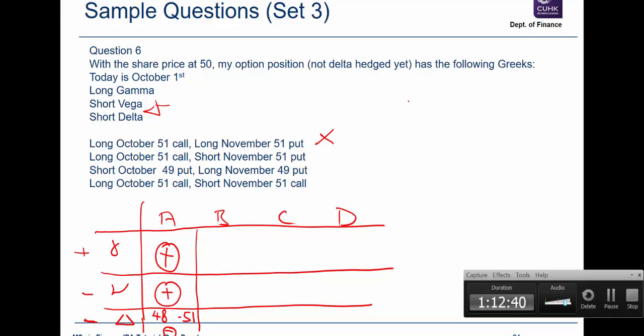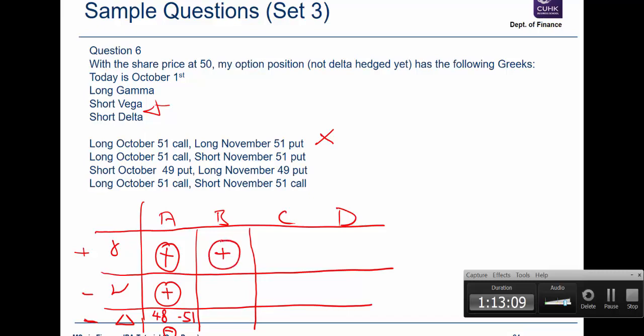You know, for Vega, for choice A, you are actually long Vega. Now choice B, you are long a 51 October call, and you are short a put. Now because you are long a short-term option, and you are short a long-term option, so you would be long gamma.